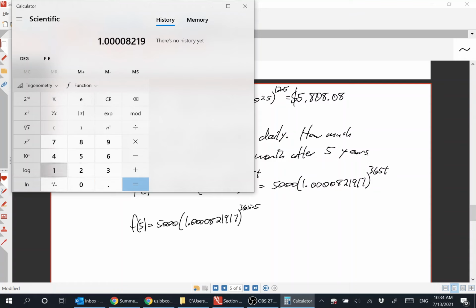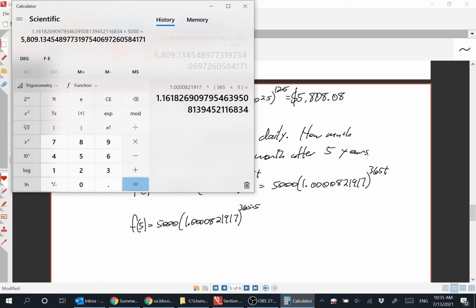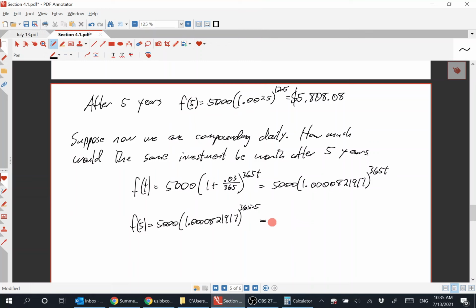That's the base, to the exponent 365 times 5, so we have to use parentheses for calculating the 365 times 5. This is equal to 1.16182, and that gets multiplied by 5,000. So what do we get? $5,809.13.